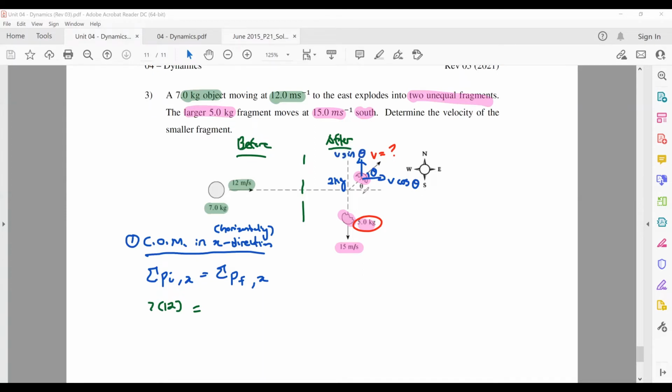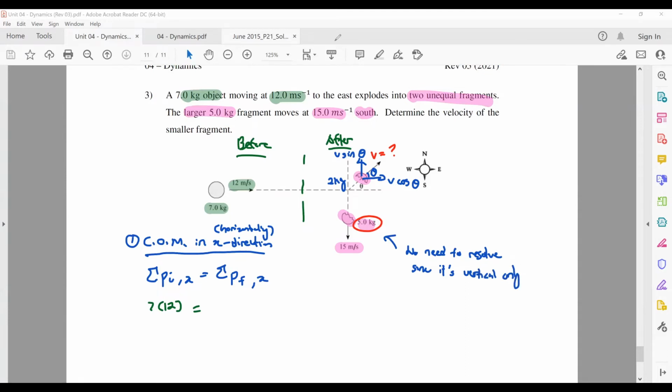For the 5 kg fragment, there's nothing to resolve. It's perfectly vertical, so I don't need to resolve.